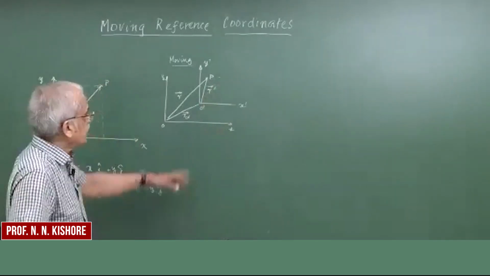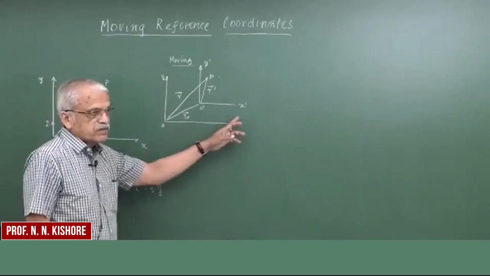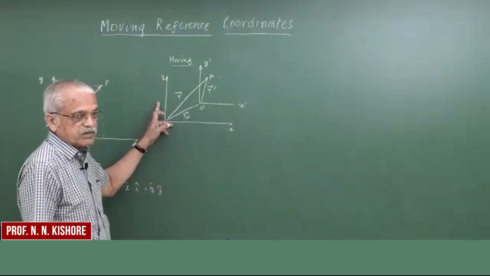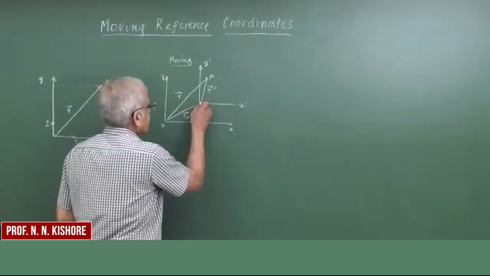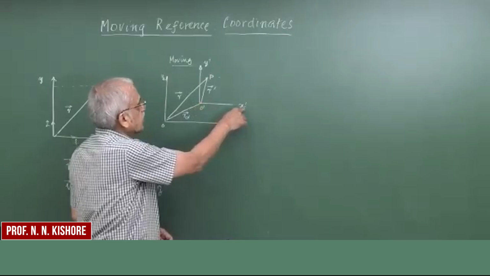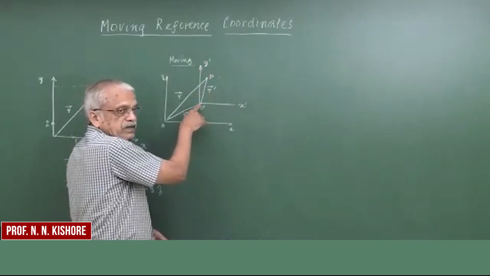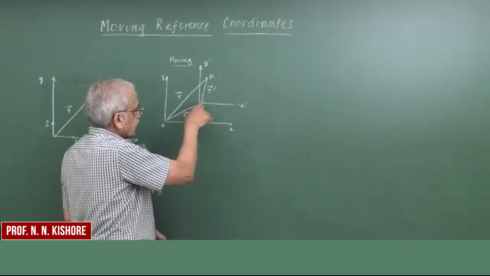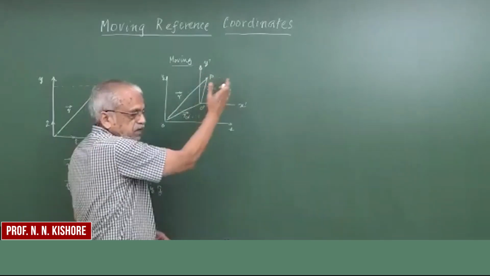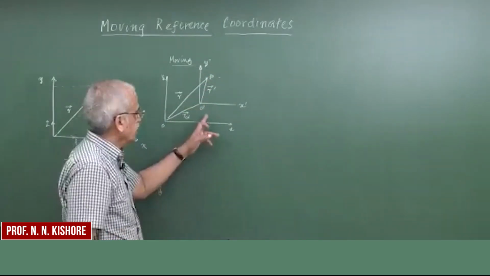Okay, so now I put two frames. This is a fixed frame xy, and there's another frame x prime y prime, which has an origin of its own, and this frame itself is moving, and obviously so is the origin.